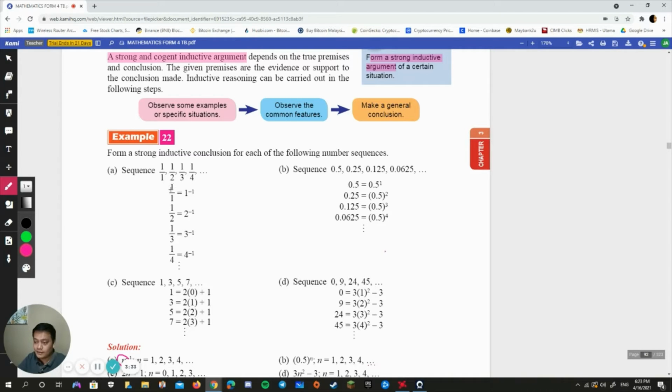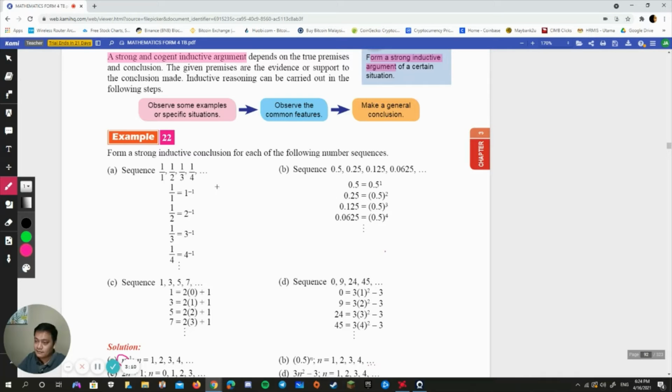1 over 1 you can write as 1 to the exponent negative 1. 1 over 2 you can write as 2 to the exponent negative 1. 1 over 3 equals 3 to the exponent negative 1. 1 over 4 equals 4 to the exponent negative 1. You observe it.